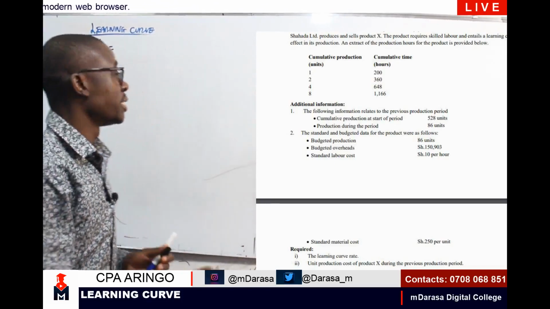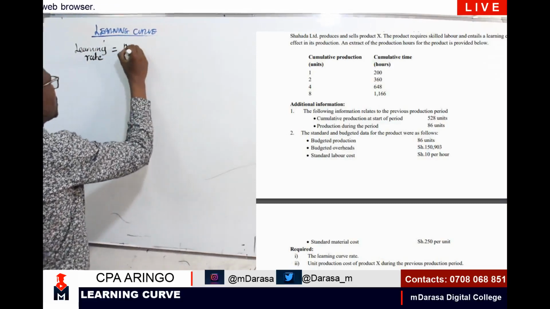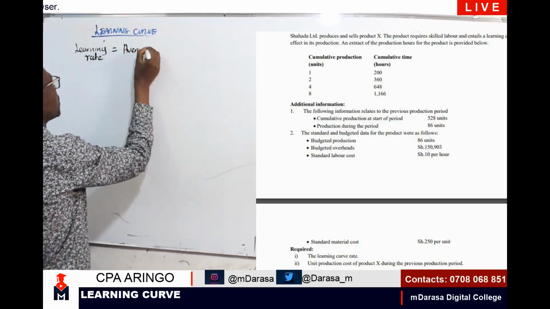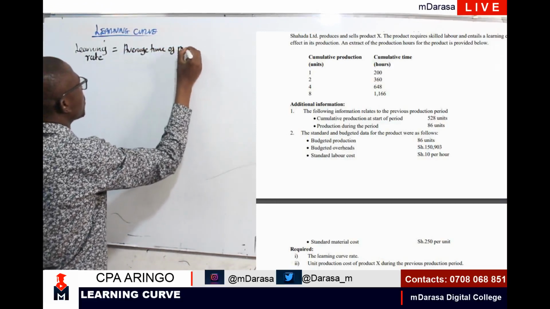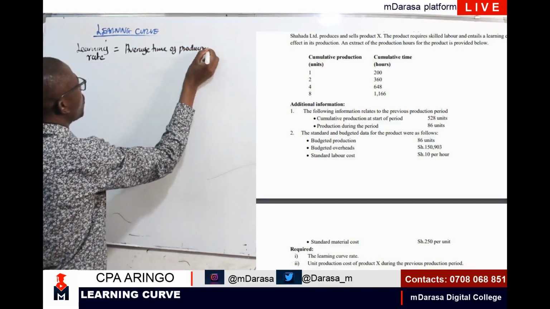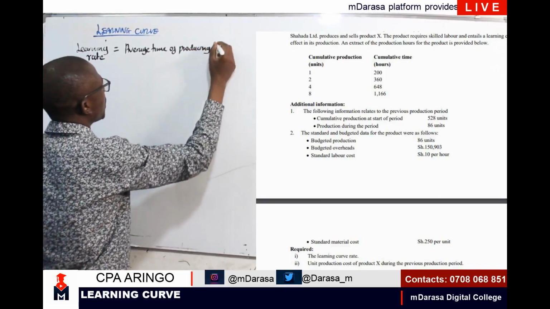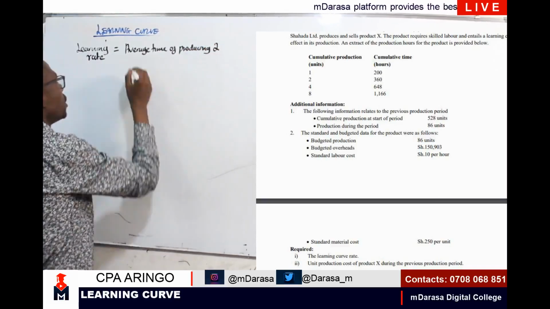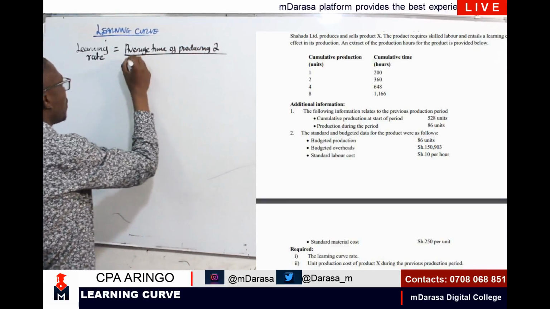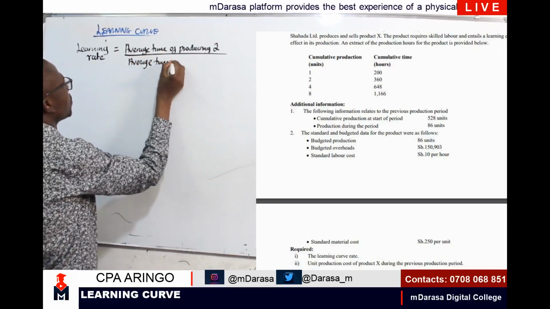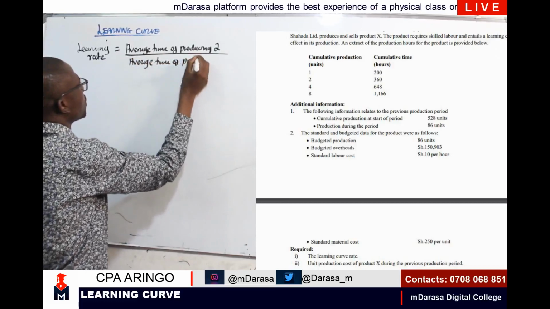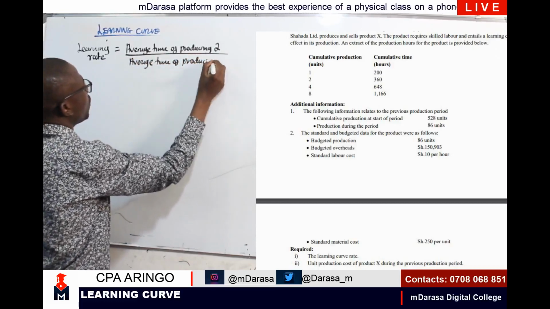For the learning rate, you just take your average time of producing, say, the second batch, and you divide by your average time of producing your first batch.